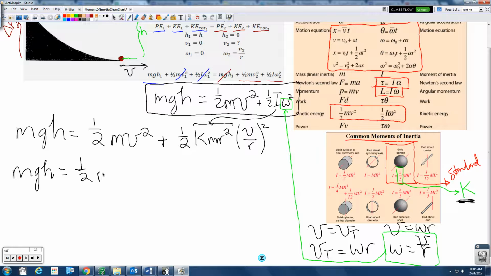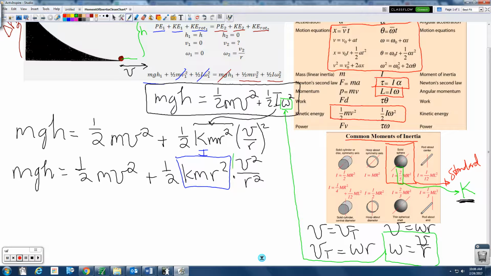We have 1/2 mv squared, translational kinetic, plus 1/2 k mr squared. Let's put this in blue to remind us this is our moment of inertia I. And then I have my v squared over r squared. I'll put that in green, since I'd been using green for my omega. So that's our omega right there.